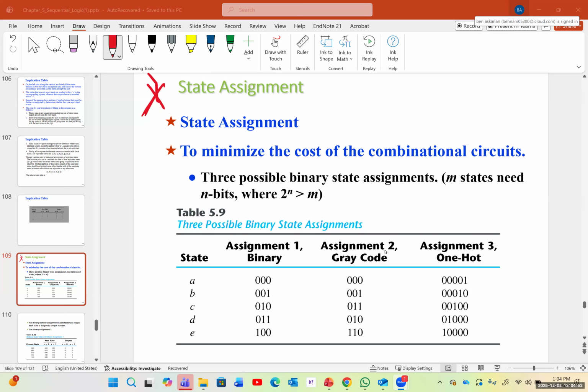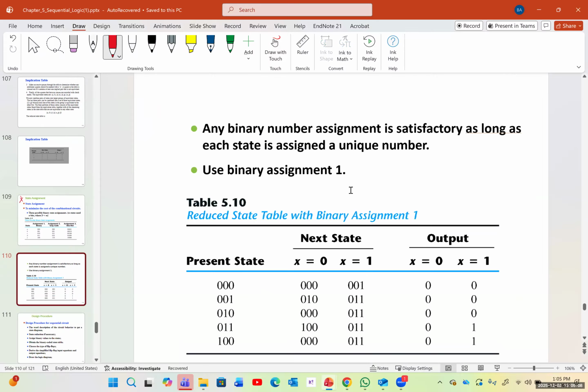And we could see assignment 2, or the Gray code, again 000, 001, 011, 010, and 110. And we can have another assignment as well, assignment number 3 or one-hot. So any binary assignment is satisfactory as long as each state is assigned a unique number.